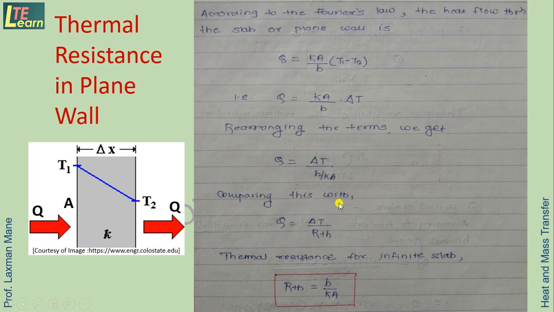In this equation, the left side is the same, and on the right side, the numerator is also the same. Means here we can have the denominator RTH equal to this expression B by KA. So in this way we get thermal resistance for plane wall or infinite slab, that is B by KA, where B is the dimension, K is the thermal conductivity, and A is the area perpendicular to the direction of heat transfer.